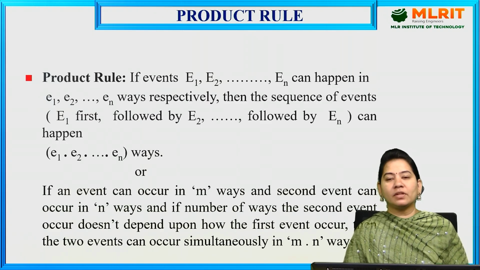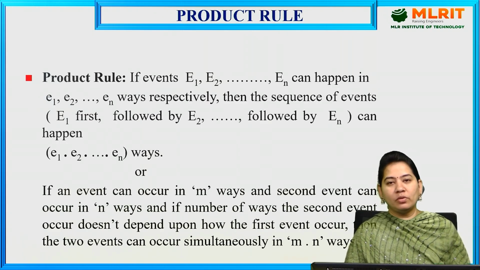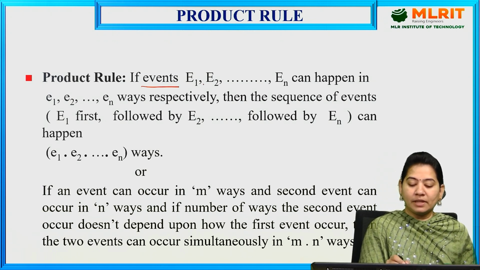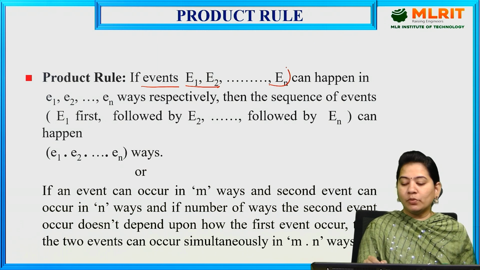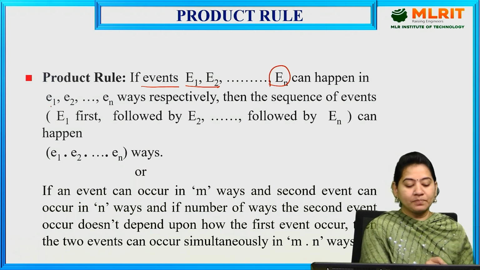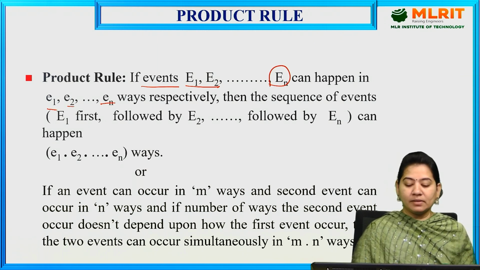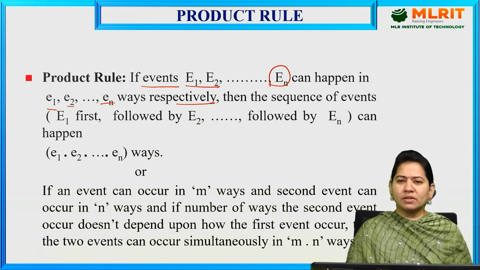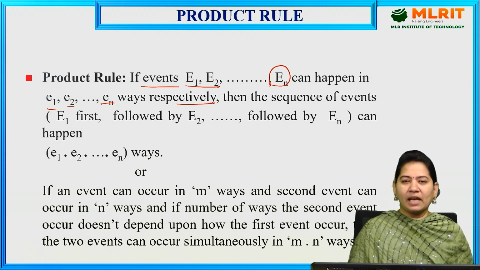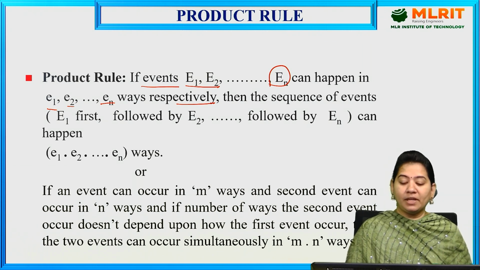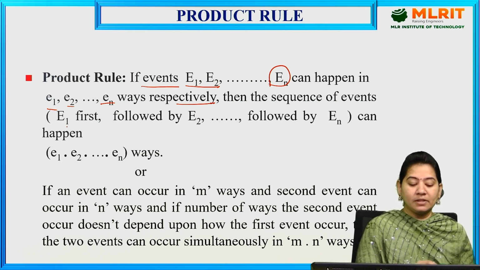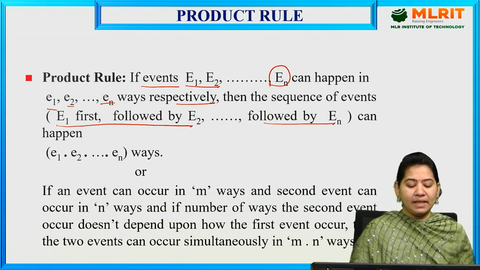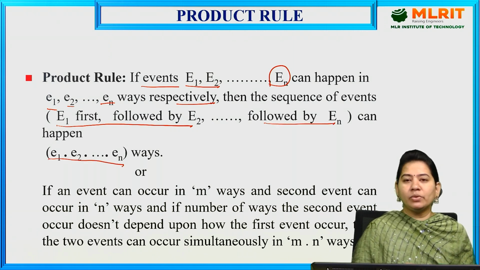So first, let us discuss what is meant by the product rule, what is its definition. If events E1, E2 and so on up to En can happen in e1, e2, up to en ways respectively, as we discussed in the previous class, then the sequence of events, E1 first followed by E2 followed by En, can happen in e1 into e2 into en ways.